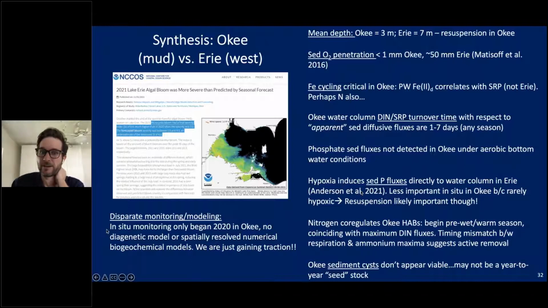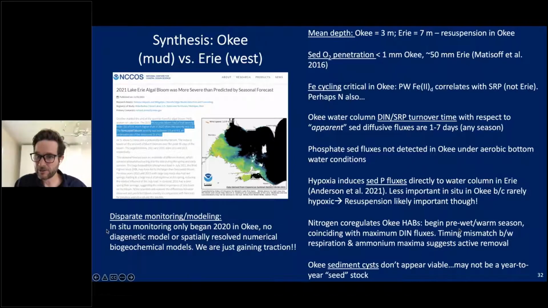Casey Godwin, my primary contact up there, had a really cool study where they used in situ bottom water phosphate sensors to monitor over time, and you can see very clearly that when you have the onset of hypoxia, you get a flux of phosphate from the sediments. It's been shown in Lake Okeechobee cores that you can induce a phosphate flux if you induce hypoxia. The only thing is that we don't really ever get hypoxia events in Lake Okeechobee because it's so shallow and so easily mixed.